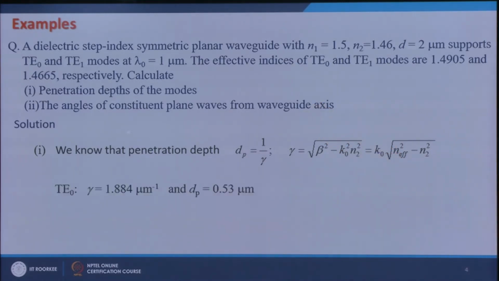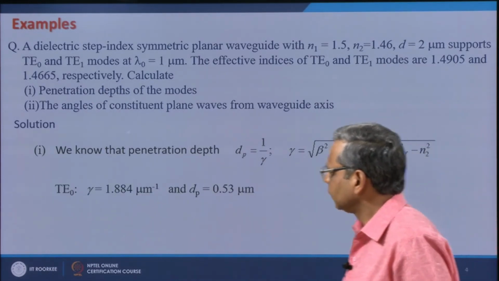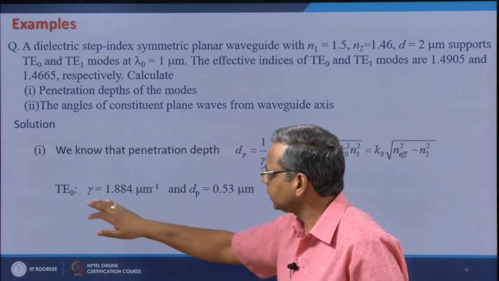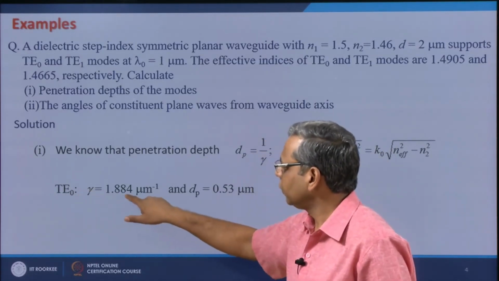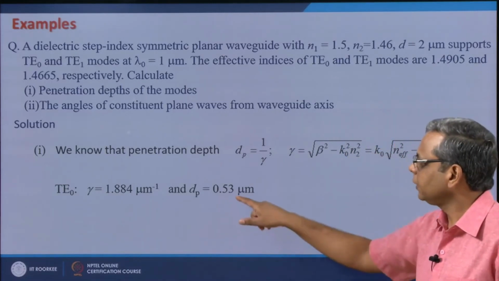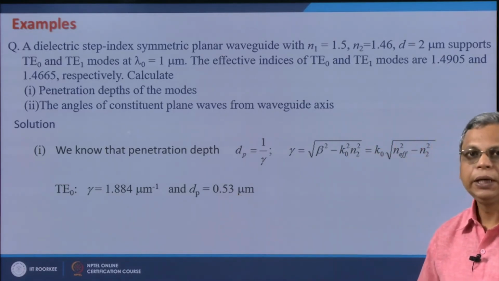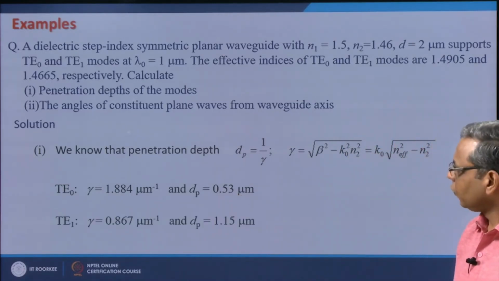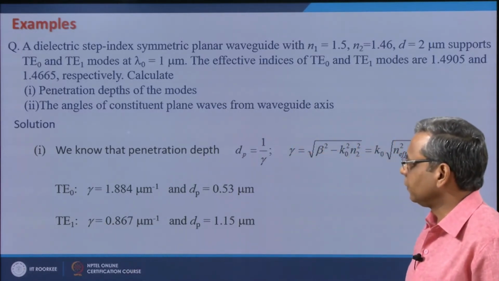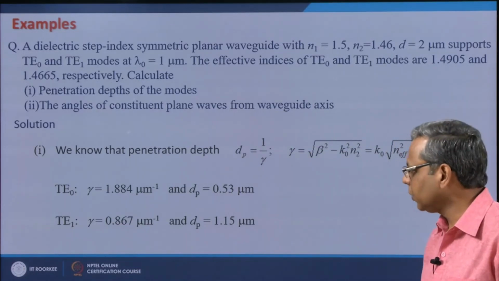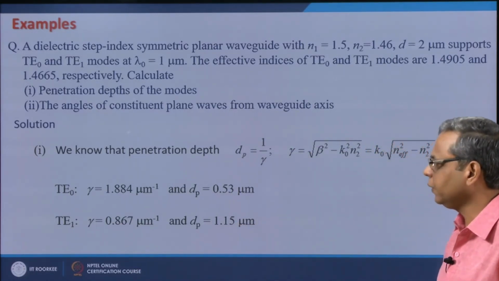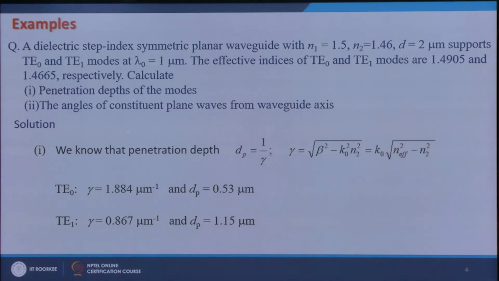If I now calculate gamma for both the modes, then for TE0 mode, gamma is equal to 1.884 micrometer inverse, and correspondingly the penetration depth is 0.53 micrometer. For TE1 mode, gamma comes out to be 0.867 micrometer inverse, and correspondingly the penetration depth comes out to be 1.15 micrometer.